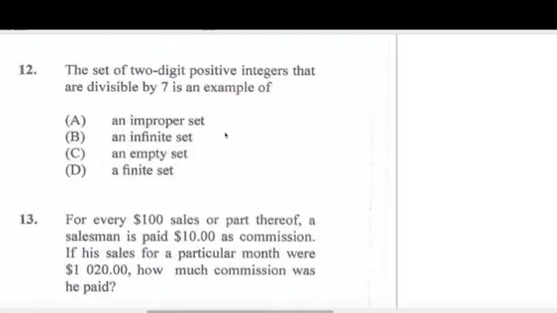Number 12, the set of 2-digit positive integers that are divisible by 7. So that would be like 14 is divisible by 7. 21 is divisible by 7. 28 is divisible by 7. So on and so forth. This is an example of an improper set?